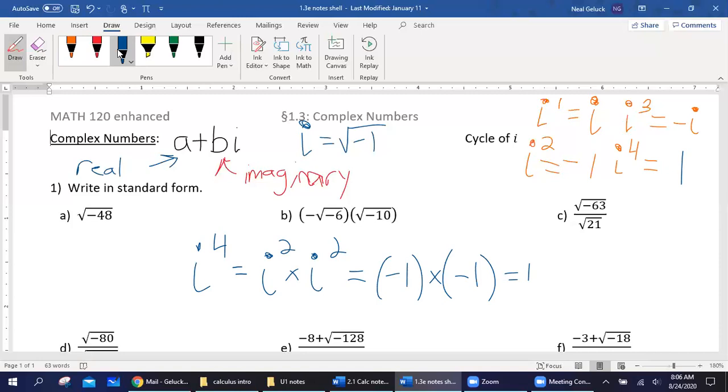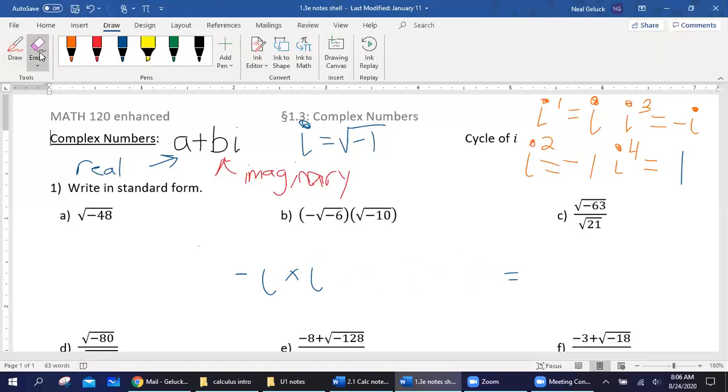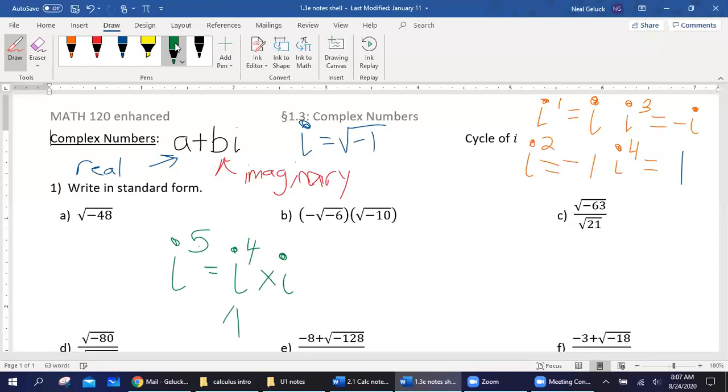That's very strange, because here's what this means. And again, don't worry about writing this down, but we'll look at some of this stuff later on. If I go one more higher power, that's it for the cycle of i. If I did i to the fifth, I can think of that as i to the fourth times another i. But I already know that i to the fourth is 1, so 1 times anything, that doesn't really matter.